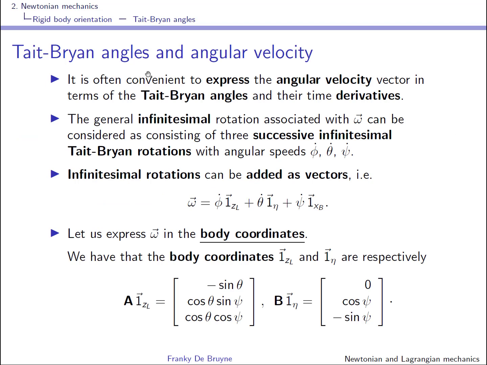So you can transform this one through the A matrix to the body coordinates, and you can transform this one to the body coordinates through B. Now it's simply multiplying A by a vector 0, 0, 1, and B by a vector 0, 1, 0.